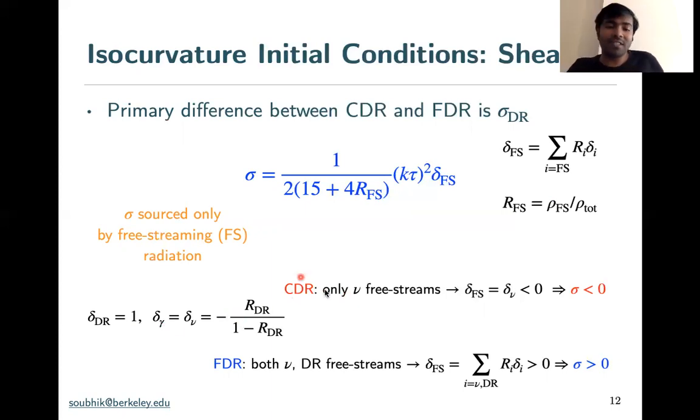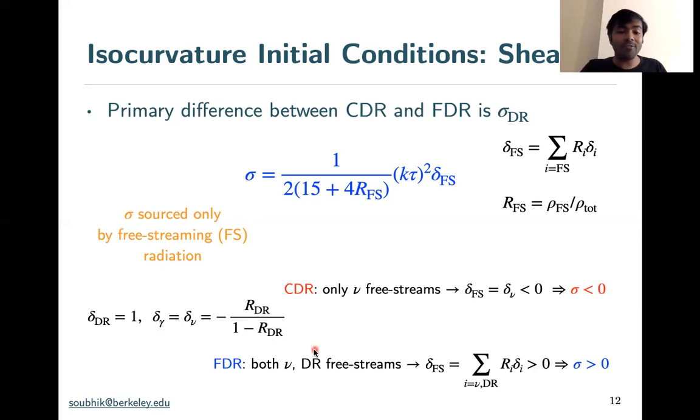So now let's look at CDR. For CDR, what happens is that only neutrinos free stream, right? Because dark radiation is coupled. But then because only neutrino is free streaming, the only quantity that contributes to delta Fs is delta nu itself. But then I just told you that we have an underdensity for neutrinos. And therefore, what it means is that the net sigma is negative if you start with an overdense dark radiation region.